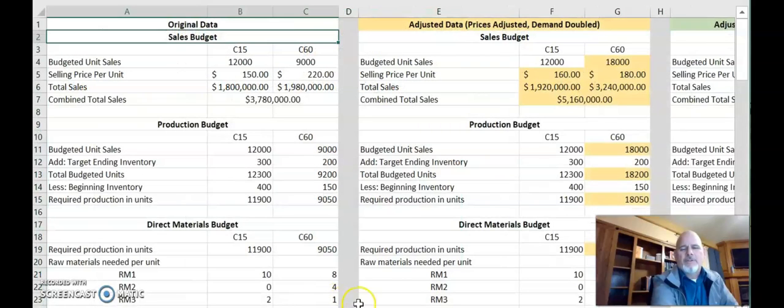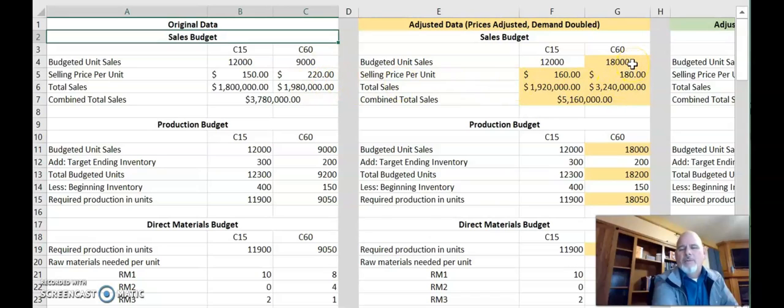So to do this, we first looked at, well, let's do exactly what management wants. So we increased the price of the C15 by $10 to $160, and then we decreased the price of the C60 from $220 to $180.